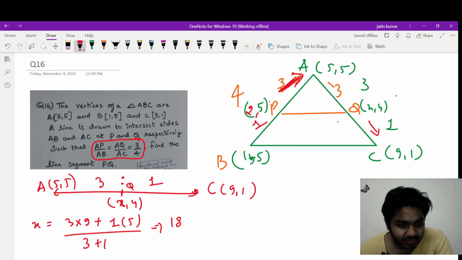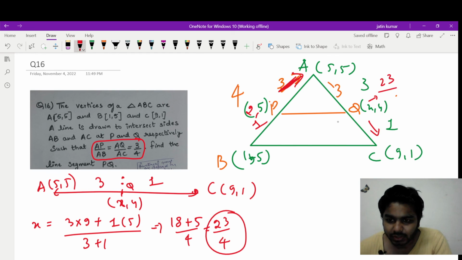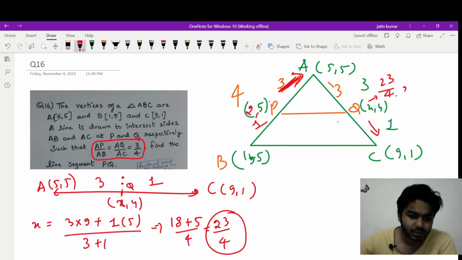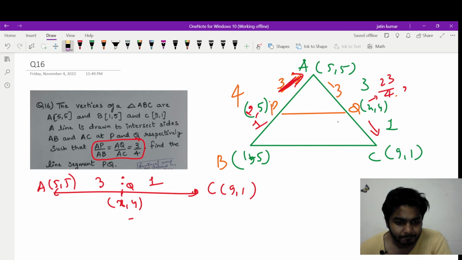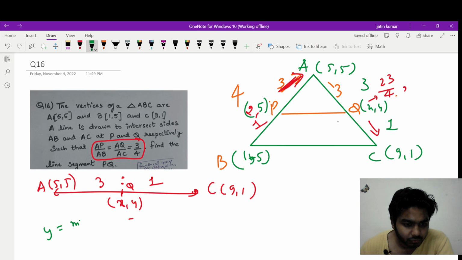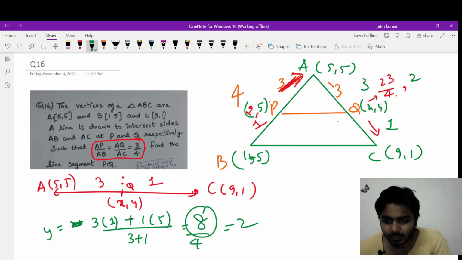So 3 nines are 27, sorry, 3 into 9 is 27, 27 plus 5 is 32... so x is 23 upon 4 is our x coordinate, which doesn't divide evenly. For the y coordinate, directly 3 into y2, which is 1, plus n y1, which is 5, upon 3 plus 1, so it is 8 upon 4, that is 2. So Q is 23 by 4 comma 2.